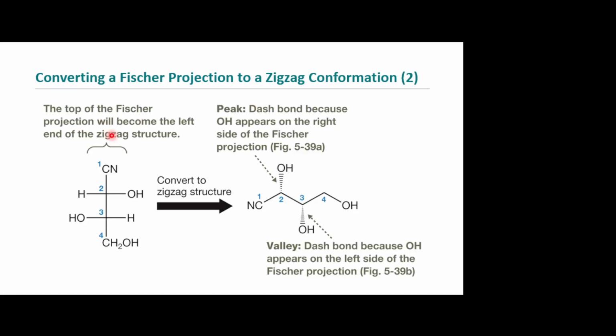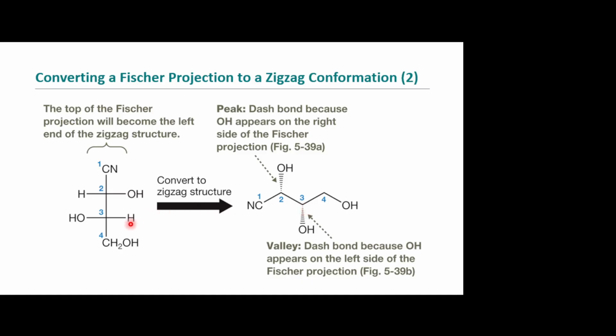Okay, so let's go ahead and look at how we get this now. Now, the top of the Fisher projection ends up on the left of the zigzag structure. We start at the bottom and go up to a peak. So the next one's a peak. If we have it on the right side, this is going to end up being a dash, because remember your peak assignments? If we have the next valley here, it ends up on the left side, that's going to be a dash again.